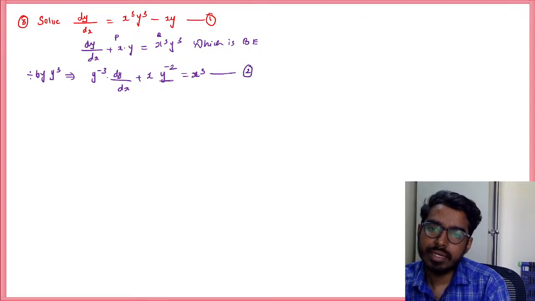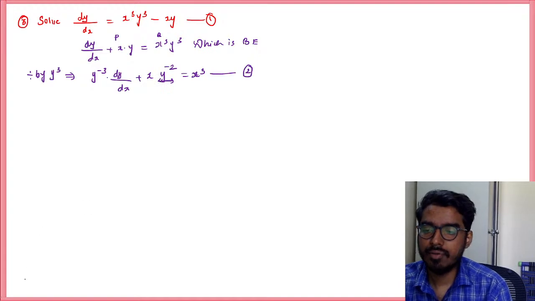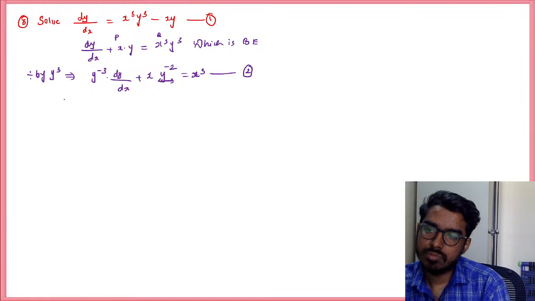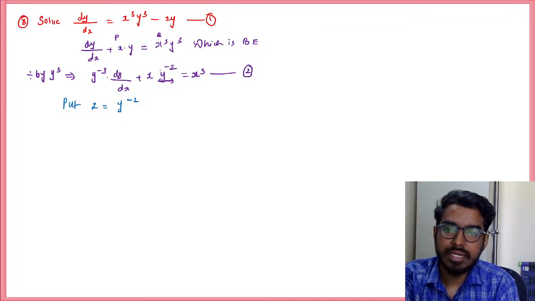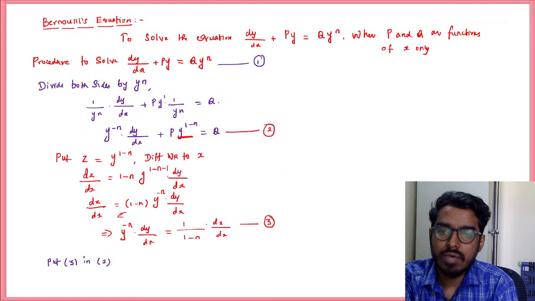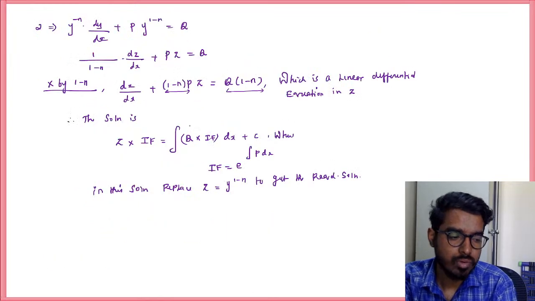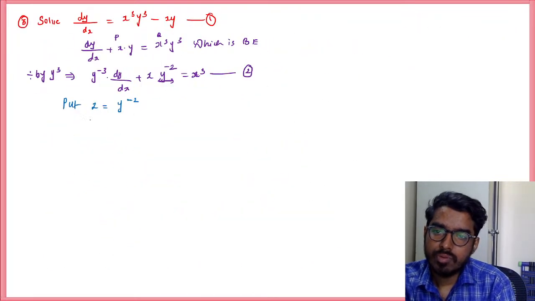So whatever you have here, you have to put that as z. Put z is equal to y power minus 2, right? That is in terms of whatever you have with p. So here p is x, so p into y power minus n. This is what the procedure is. Whatever you have with p, just take this n term to be equal to z. So differentiate with respect to x.